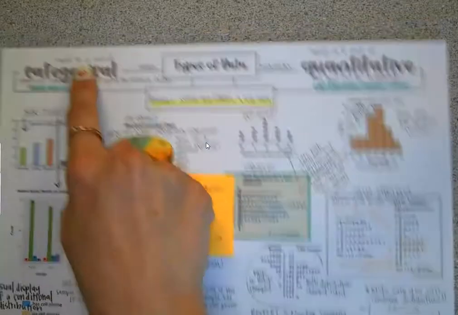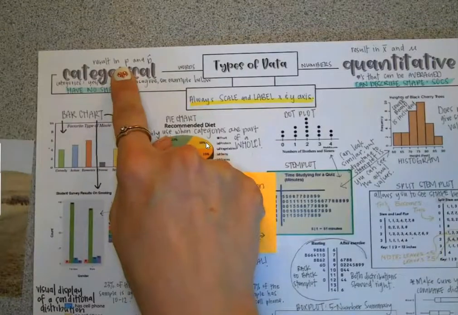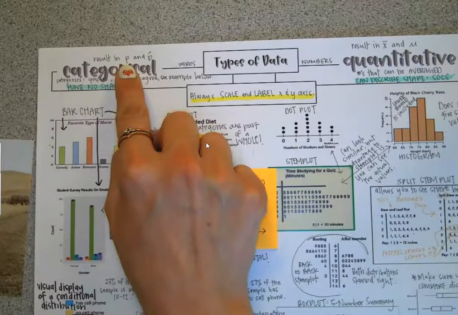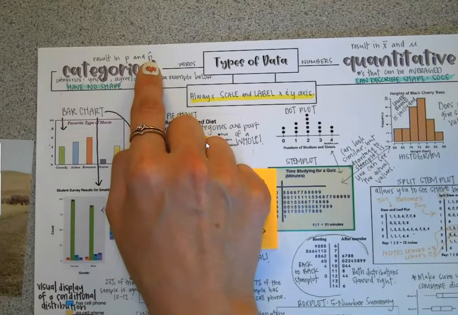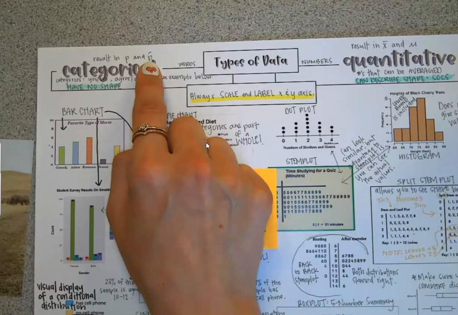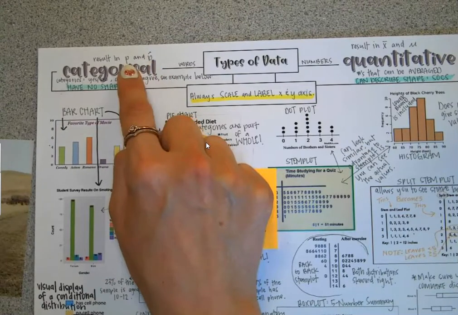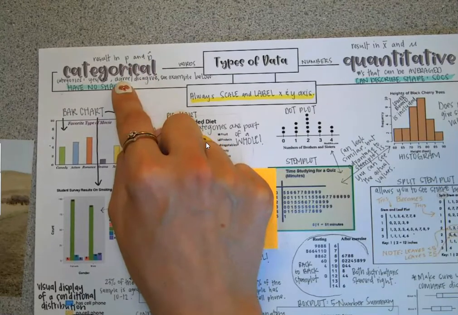For categorical data is where we get P and P hat. So we've done tests on P and P hat, we've estimated P and P hat, and we have done confidence intervals for the proportion and sample proportion. So P and P hat come from a categorical data set.